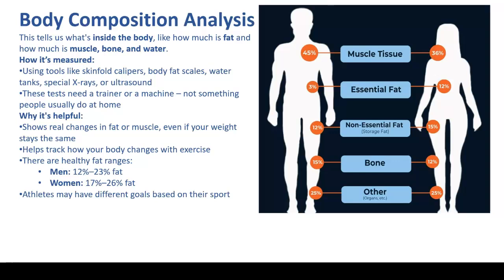There are different possibilities of tests that we can use, and these tests need a trainer or a machine, not something people usually do at home. But it's helpful because it shows real change in fat or muscle, even if your weight stays the same. It helps to track how your body changed with exercise or nutrition management.